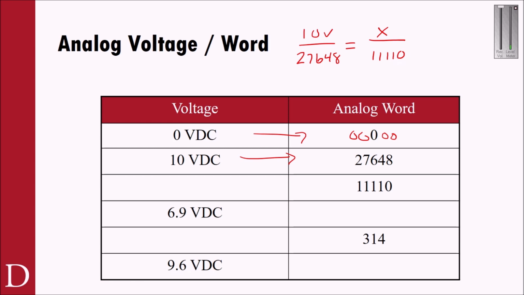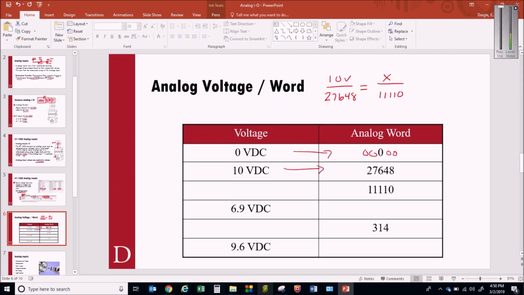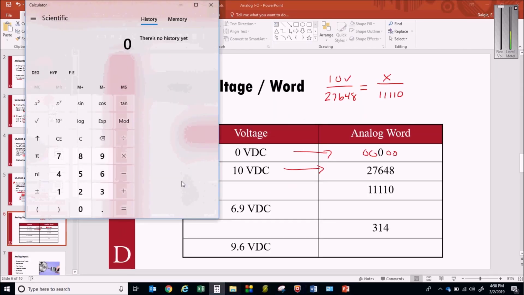It'd be real quick and easy to go into my calculator here and say, 10 times 11,110, and divide that by 27,648.